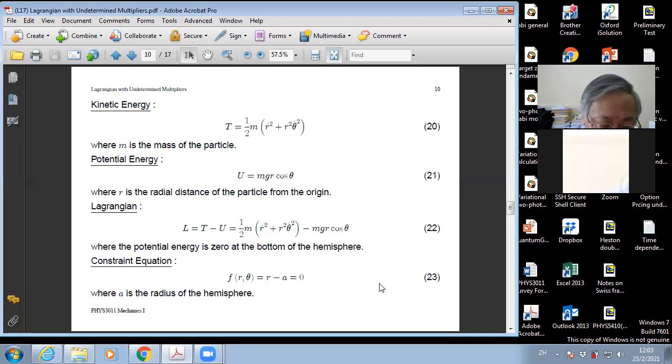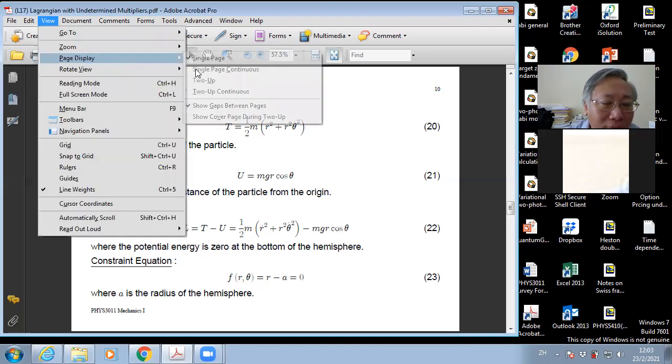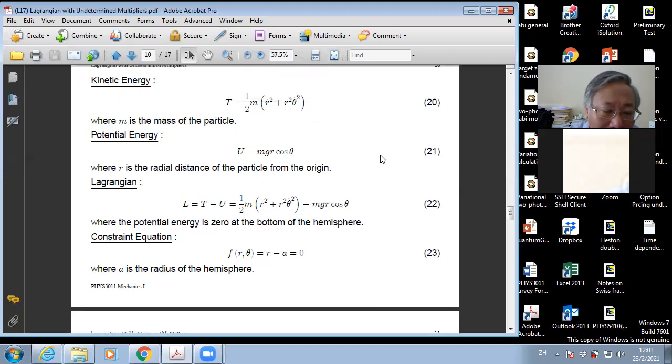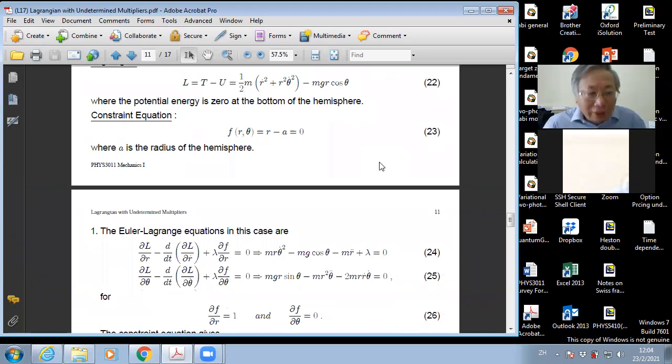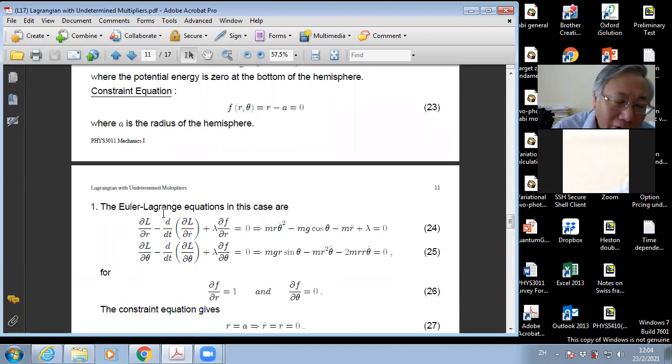Now we have a constraint equation, r minus a equal to 0. a is the radius of the hemisphere. Now we have this constraint equation, we apply the method of undetermined Lagrange multipliers. So we obtain two Euler-Lagrange equations of motion, the first one in r, the second one in theta.